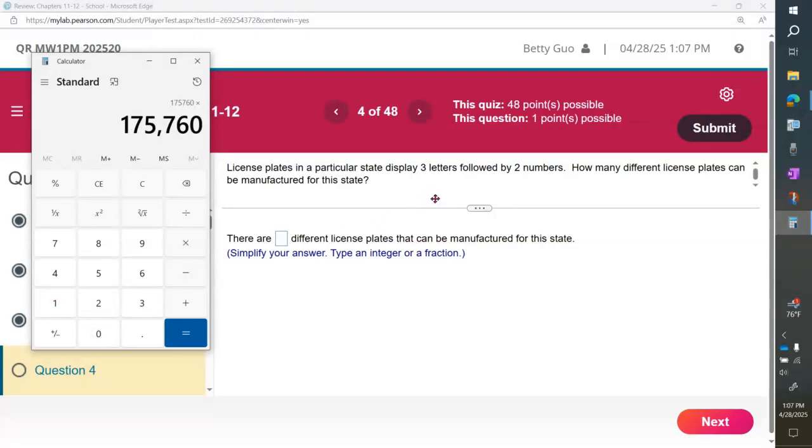The last slot also is a number, 10 options. So 26 times 26 times 26 times 10 times 10 is 1,757,600 possible plates. That makes sense because you want to make sure everybody has a plate, right? Otherwise, you have to extend from 5 to 6 slots.